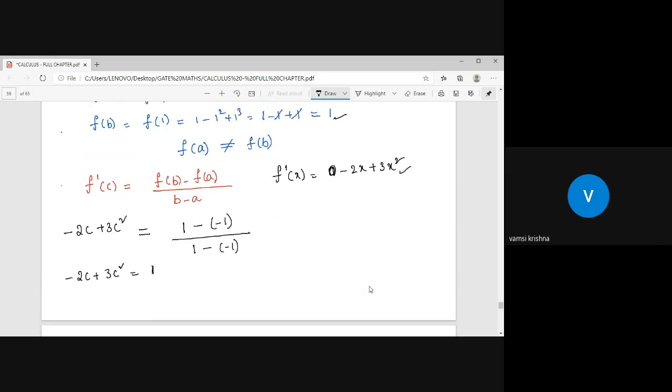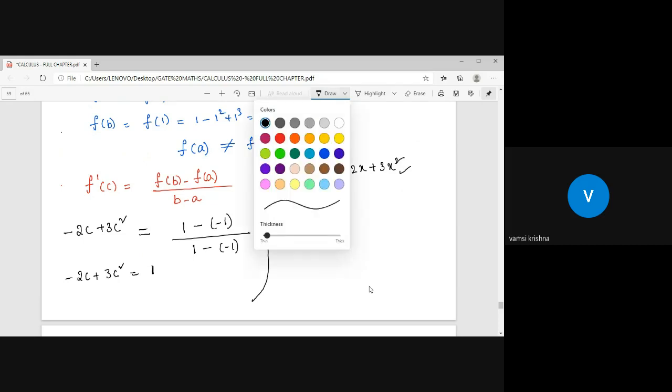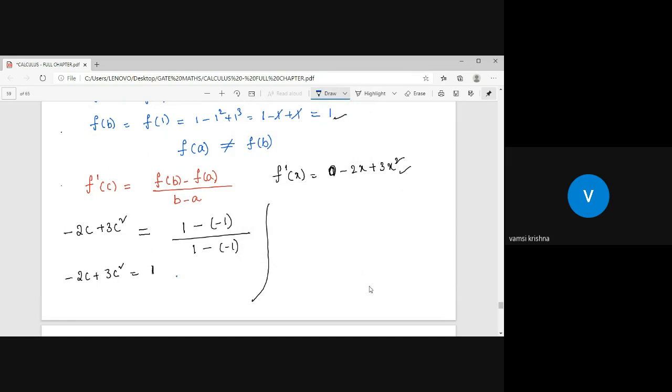So then what do you get? Let us find out some quadratic equation in terms of c. Let's take all the c terms to one side. Sir, 3c square first, then minus 2c, and take this 1 to the left hand side, minus 1 is equal to 0. So 1 3s are 3. So the factors are, what do you get?